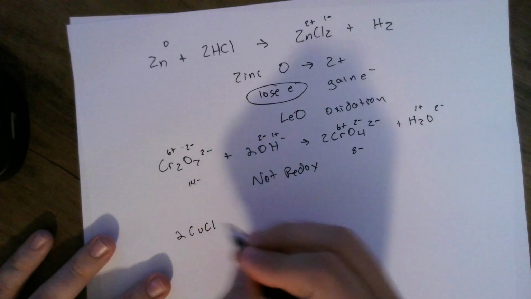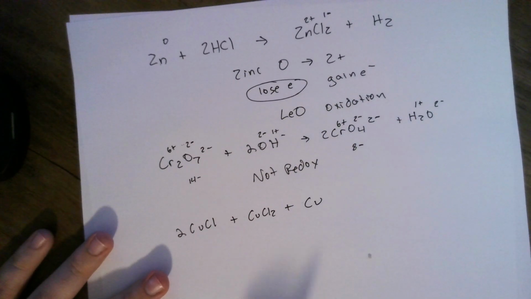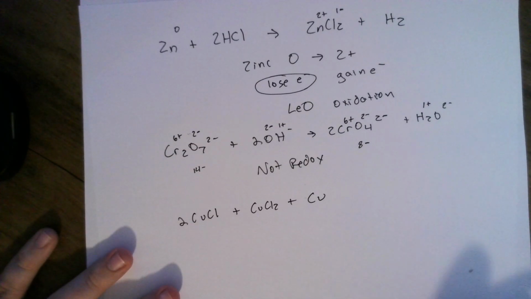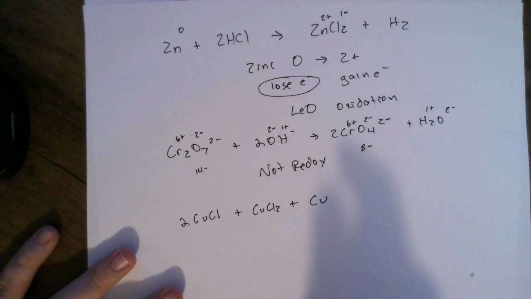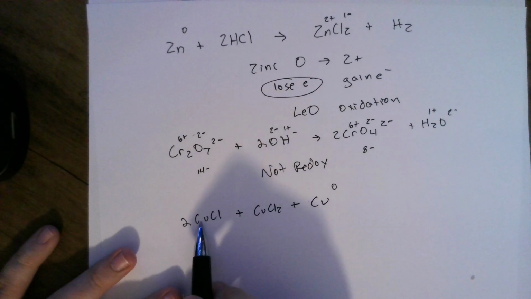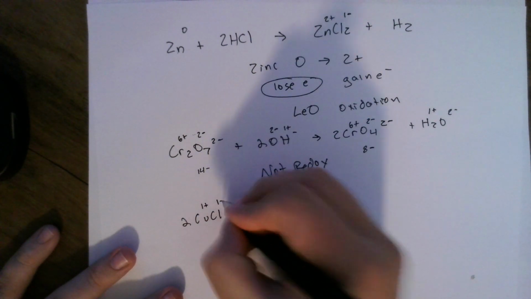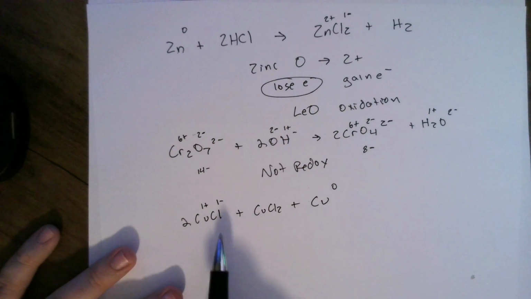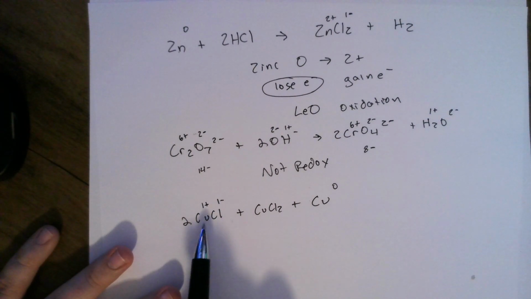And then the last one real quick. I have some copper chloride making other copper chloride and copper. Well, this is 0 because it's by itself. This copper here had to have been a 1 plus charge, and this one was a 1 minus charge. I know that because this is an ionic compound, so the oxidation states come from the numbers.